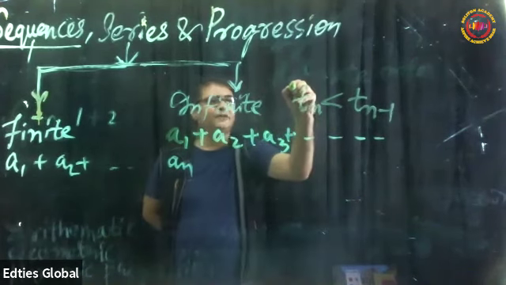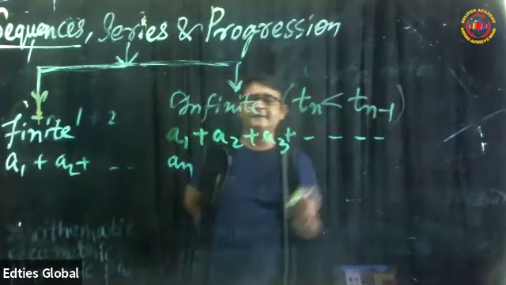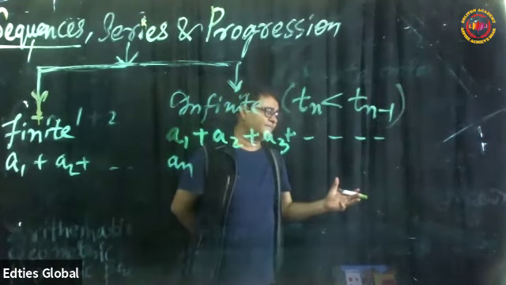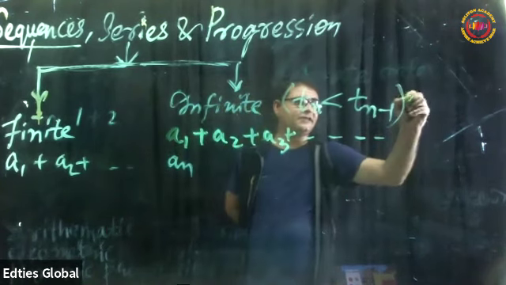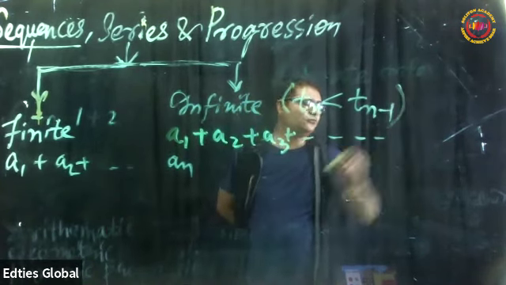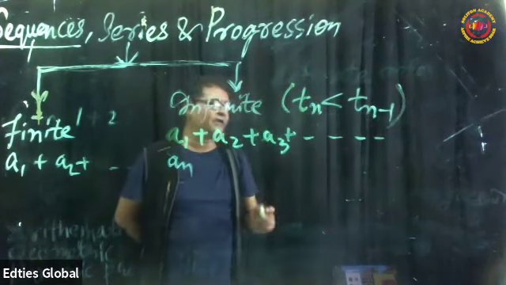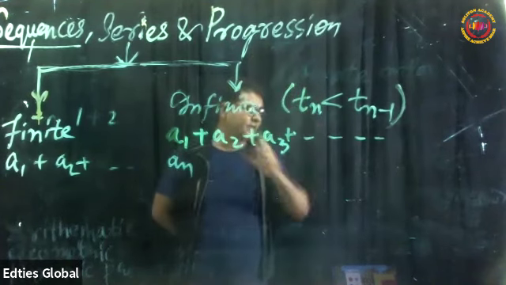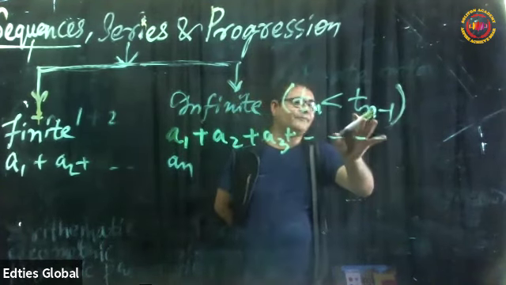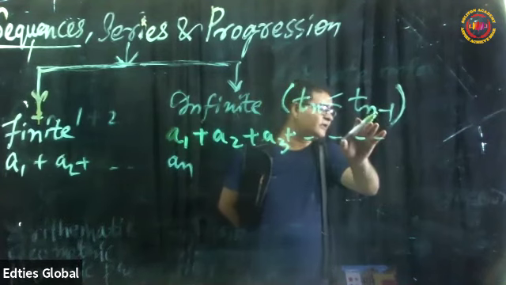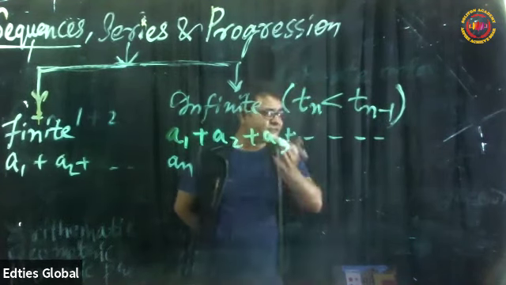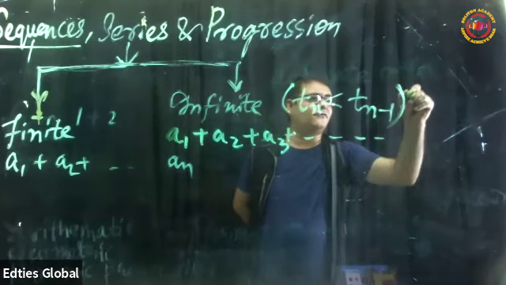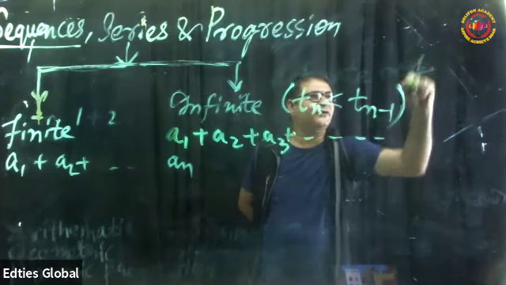I'm making the point that infinite series can also have finite sums. If this property is there, the series can be summed up. If there is a progression, that is, there is an explicit formula, and the nth term is smaller than the previous term, and the series goes to infinity, it's possible to have a finite sum.